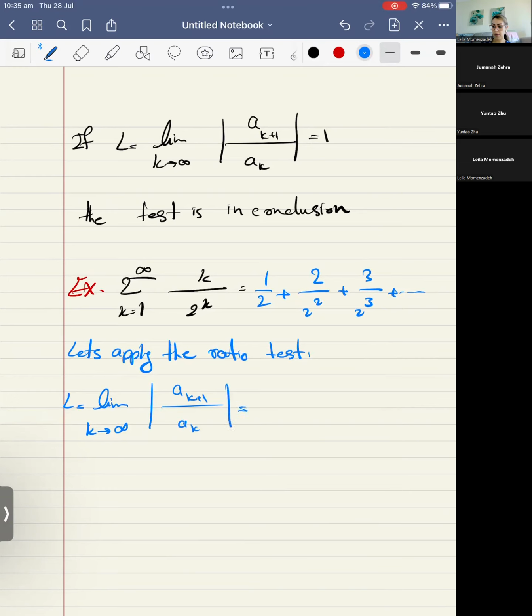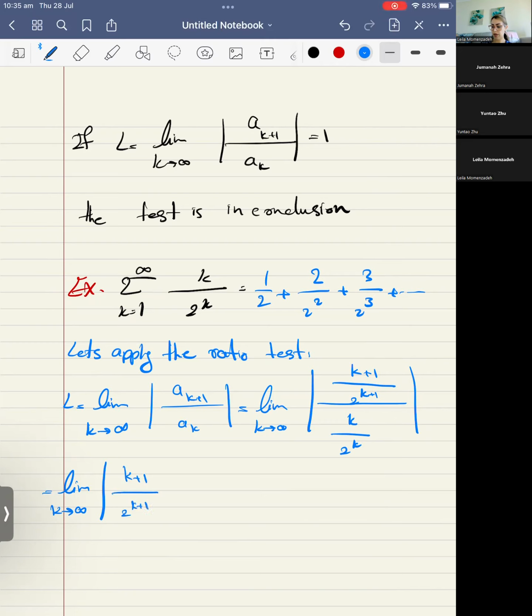It would be equal to the limit as k goes to infinity, in absolute value, of (k plus 1) over 2 to the power k plus 1 times 2 to the power k over k.